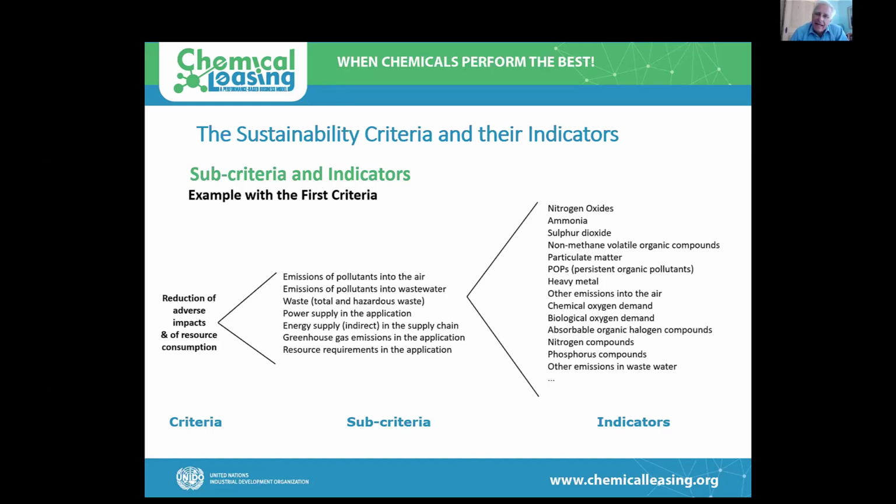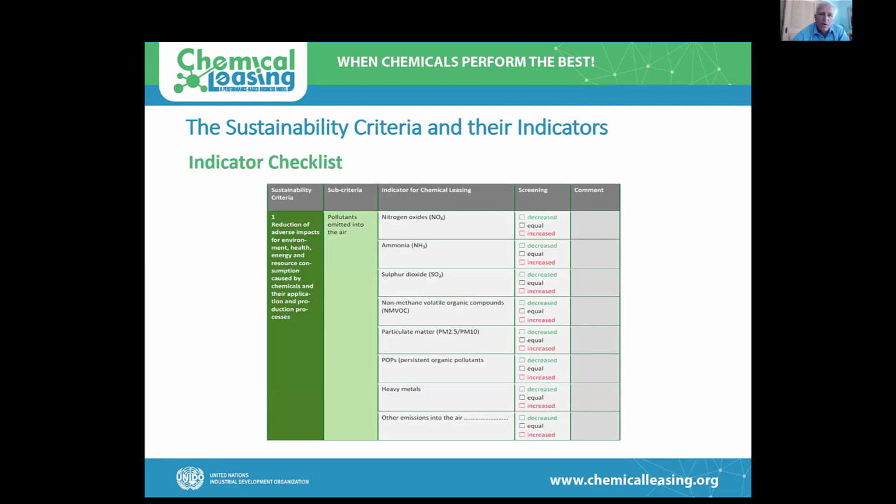And then it's translated into indicators which you can check, like what happens with nitrogen oxides, ammonia, sulfur dioxide, heavy metals, and others, which makes it very concrete and applicable for your case. Having said this, I will give now the floor to Luis to give you some more insights into the Smart 5 tool.